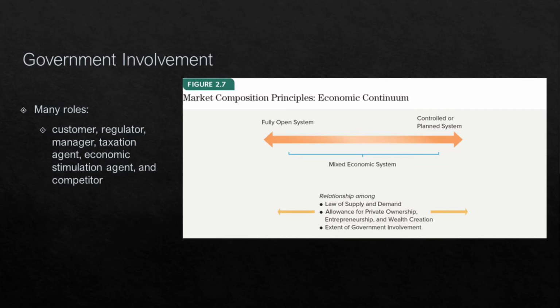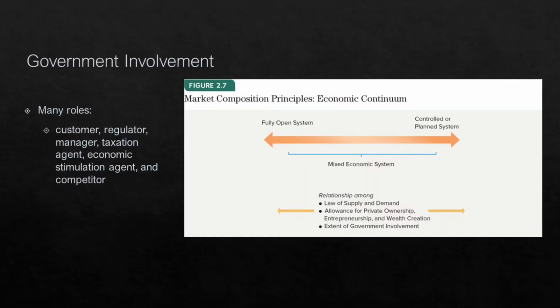Here in Canada, they are called crown organizations, like the Bank of Canada, and I will mention other crown organizations later. These crown organizations act as managers and have certain powers. The government can also act as a taxation agent, and through grants and subsidies, an economic stimulator.